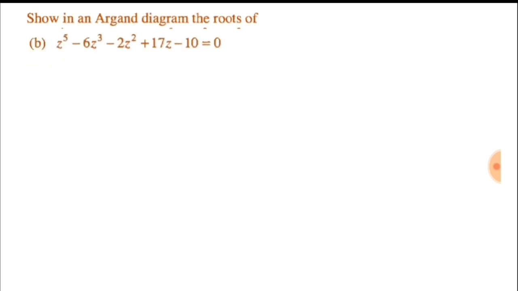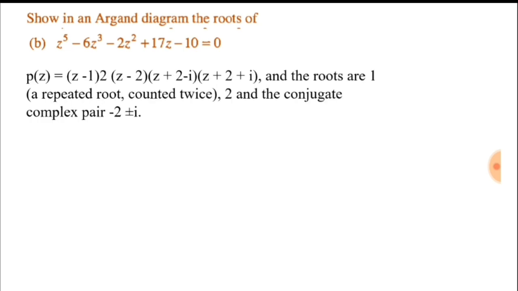Show in an Argand diagram the roots of z power 5 minus 6 z power 3 minus 2 z square plus 17z minus 10 equal to 0. We know that this polynomial has 5 roots: 1, which is repeated twice, and 2 is the second root, and the conjugate complex pair minus 2 plus or minus i.